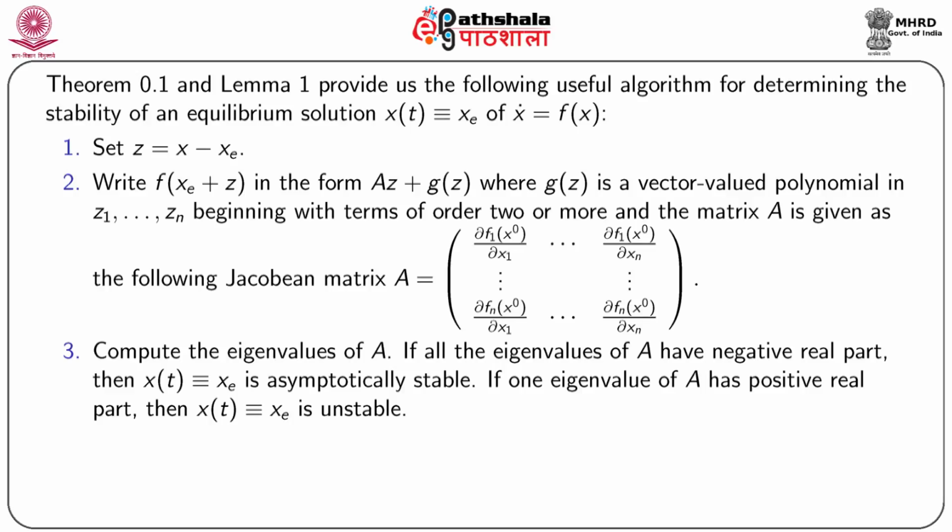Basically, this g(z) is the nonlinear part, and in the linear stability analysis, we consider this Jacobian matrix A, and we conclude that if all the eigenvalues of A have negative real part, then the system is asymptotically stable, otherwise it is unstable.